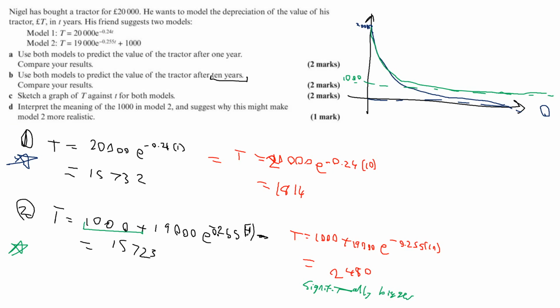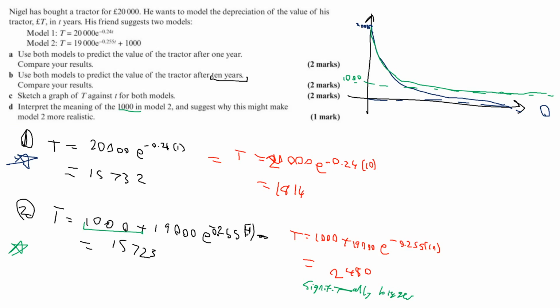So, why do you think that they added 1,000 into model 2, hence making the model a bit more realistic? Well, think about it like this, guys. If, let's say, I have a 200-year-old tractor from the Industrial Revolution.